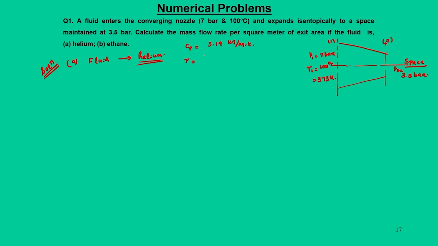We can say helium is a monoatomic gas, so its gamma is 1.667. Its characteristic gas constant R is 2079 joule per kg Kelvin. So, now recall the expression for critical pressure.